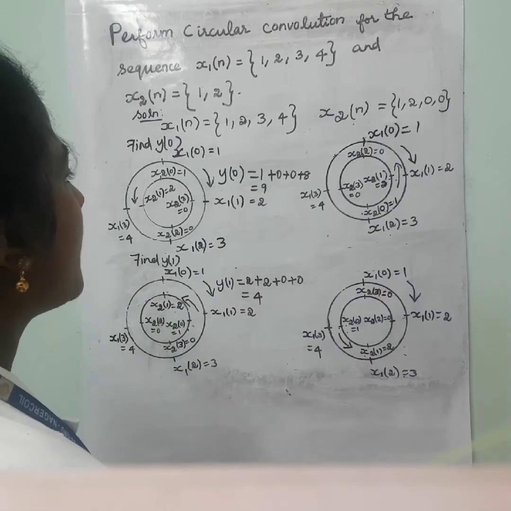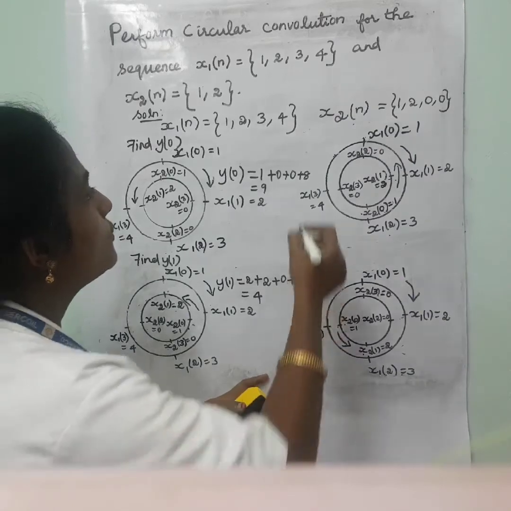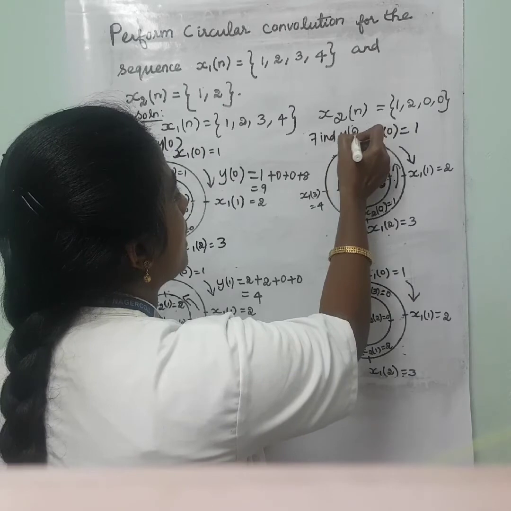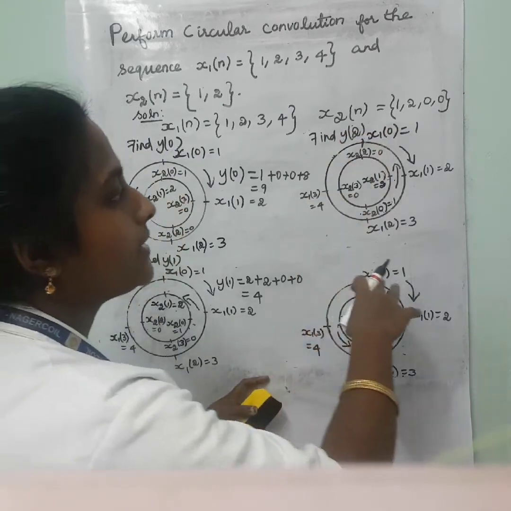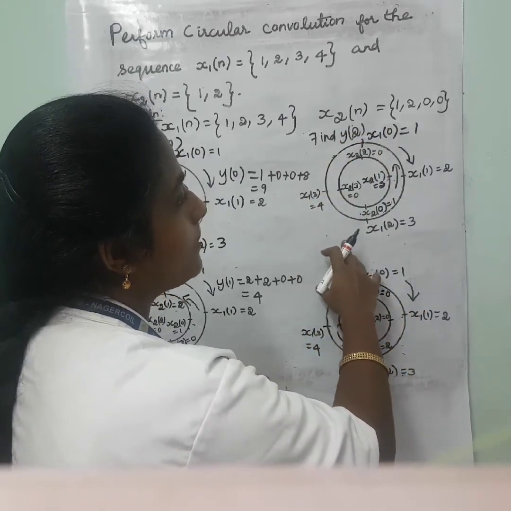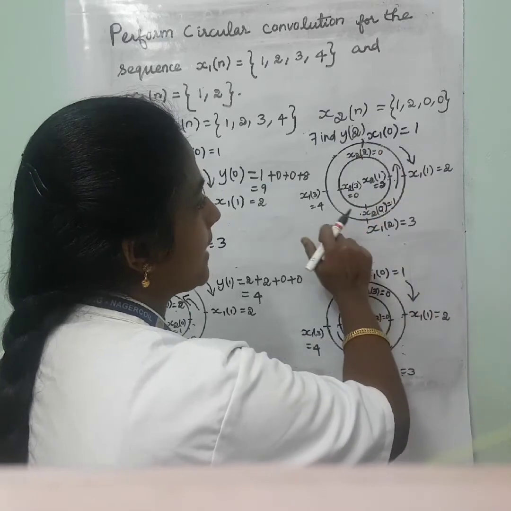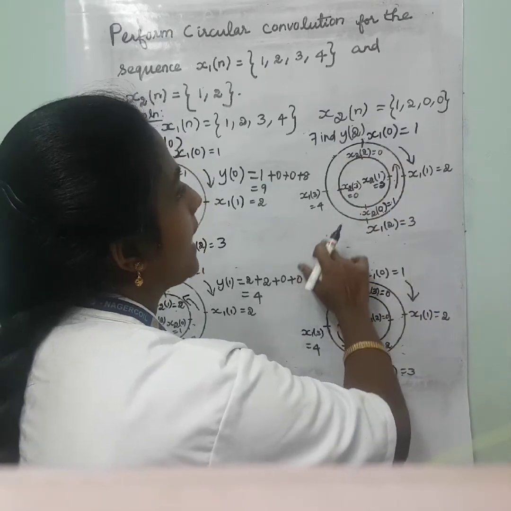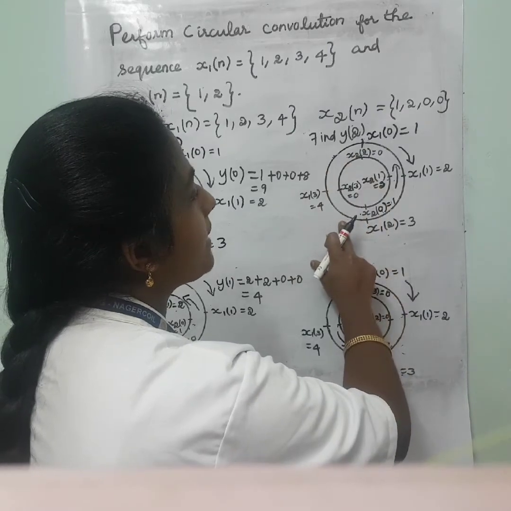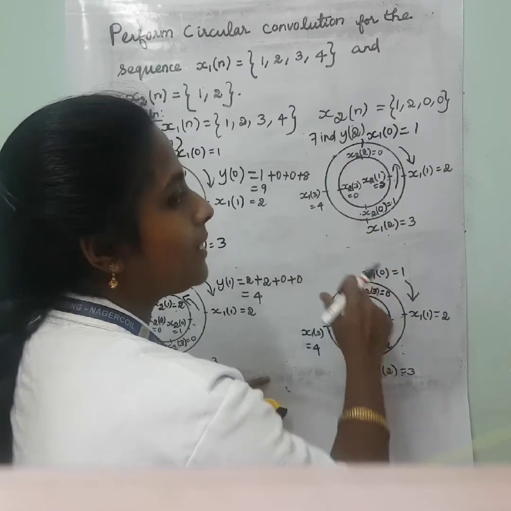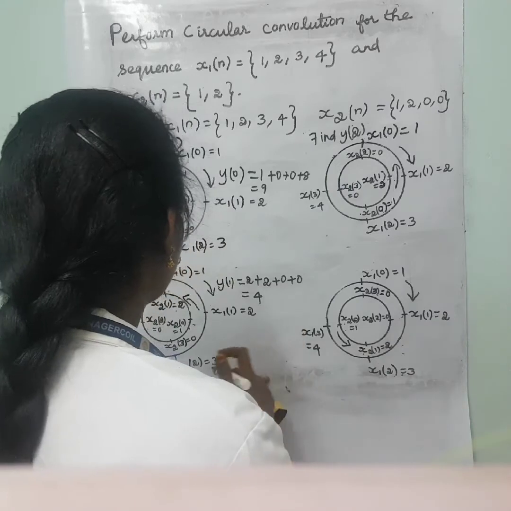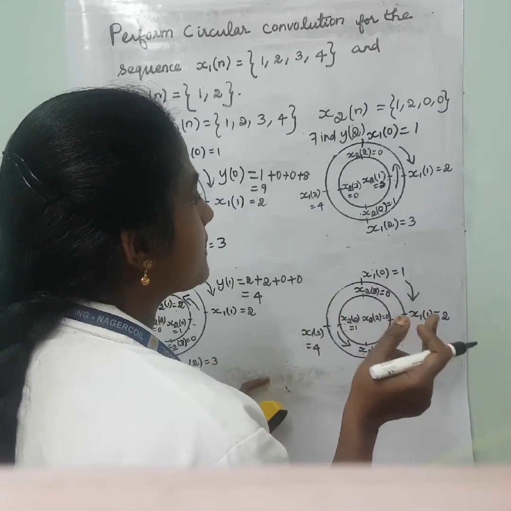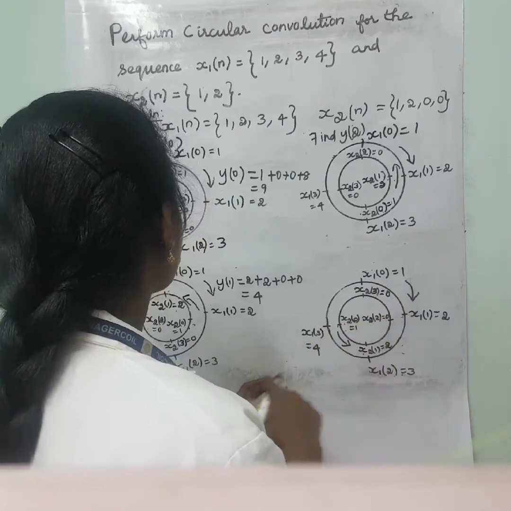Next we have to find y of 2. To find y of 2, the same procedure has to be followed. Here also the x1 of n sequence should be plotted in clockwise direction in the outer circle, and in the inner circle the x2 of 0 value should be shifted one step forward.